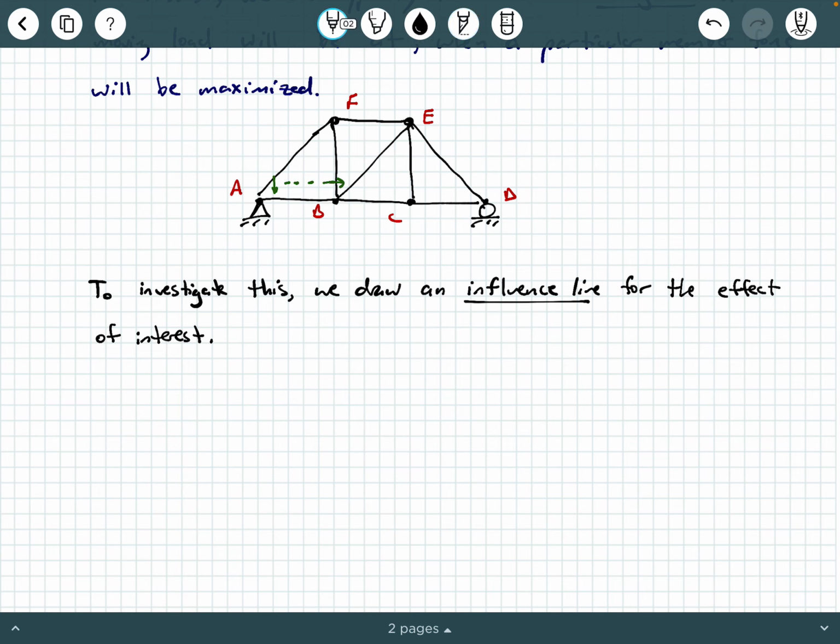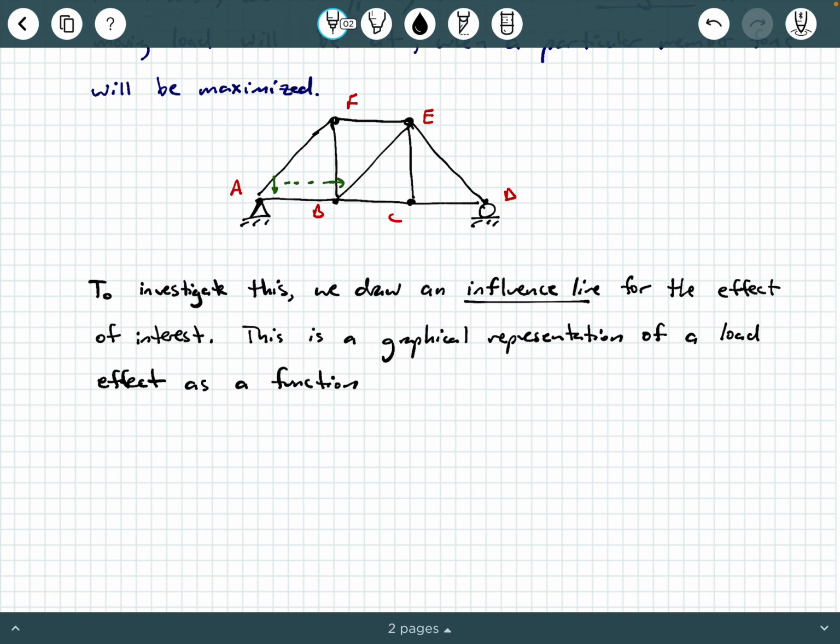So this thing called an influence line is the following. We're going to say this is a graphical representation of a load effect as a function of a load's location on the structure, okay?